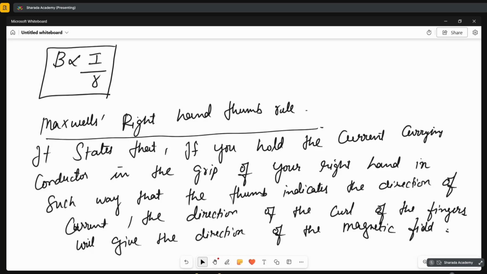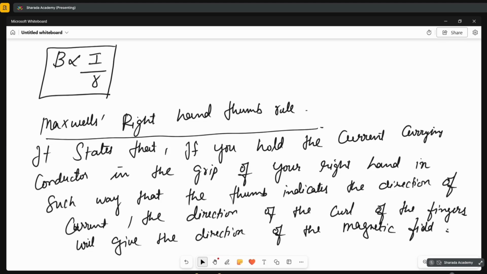Again, when it is a straight conductor, the fingers which curl around it will give the direction of the magnetic field. And the magnetic field will be in concentric circles around a straight conductor.